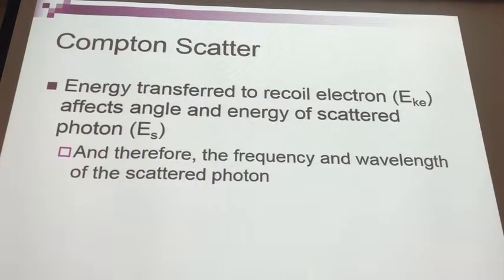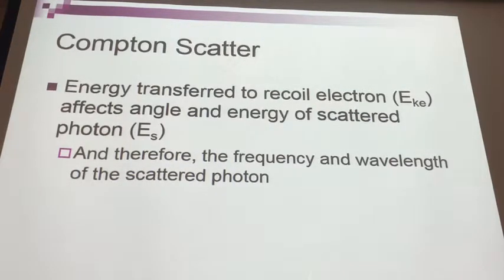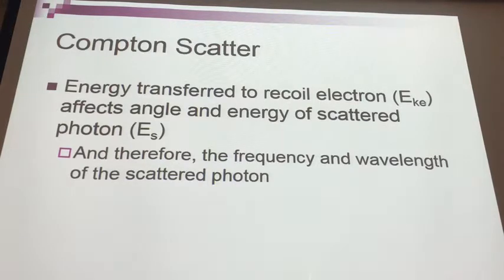Energy transfer to the recoil electron affects the angle and energy of the photon scatter, and therefore the frequency and wavelength of the scatter will change as well. Okay? So what this is saying is that when the photon gives off that energy to the electron, depending on how much energy the electron takes, the deflection is going to change.